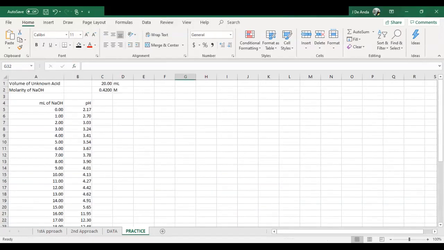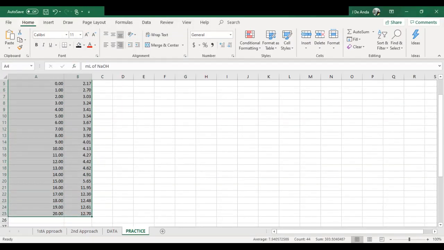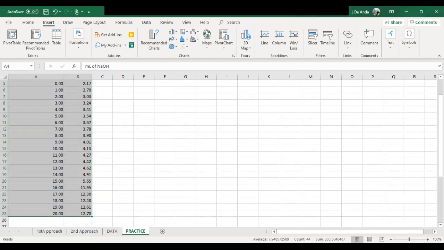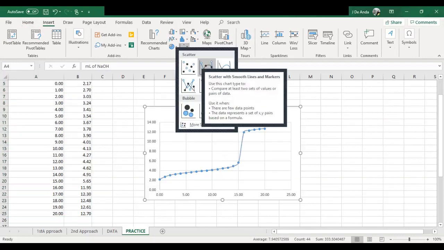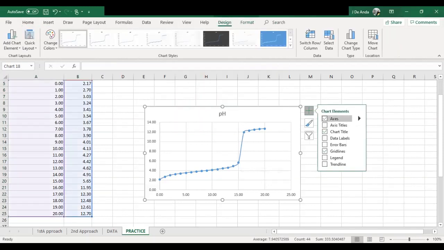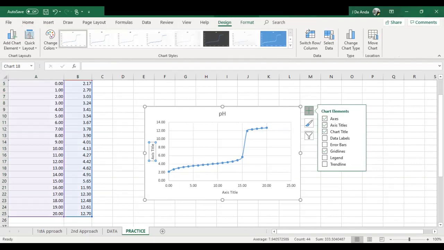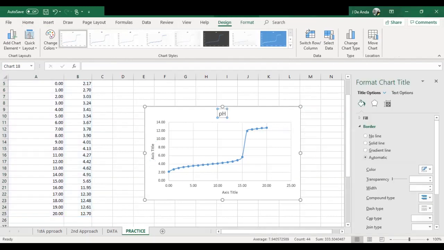Okay, so we're gonna select all of our values here, and we're gonna use insert. We're gonna do a chart that is the scatter with smooth lines, and we're gonna have to add our axis titles, but we need to edit all this. So I'm gonna call my graph titration of unknown weak acid.